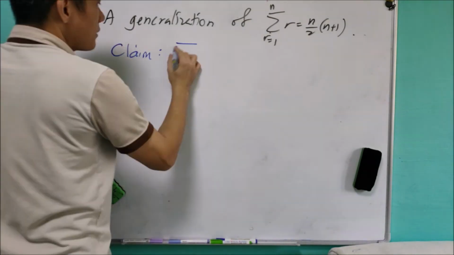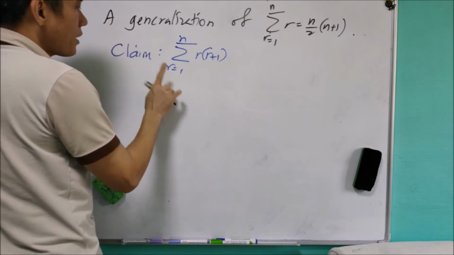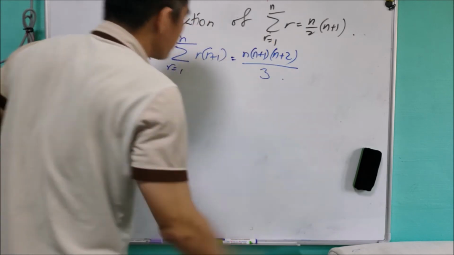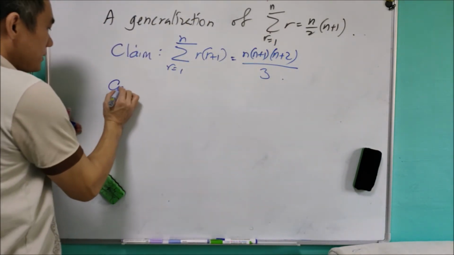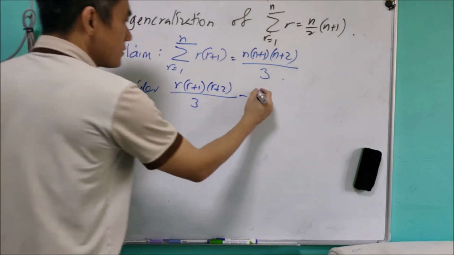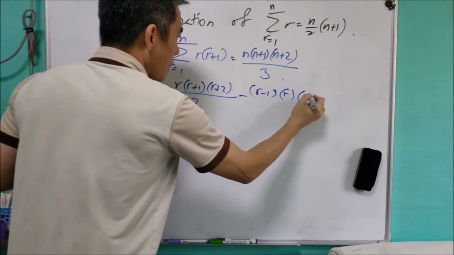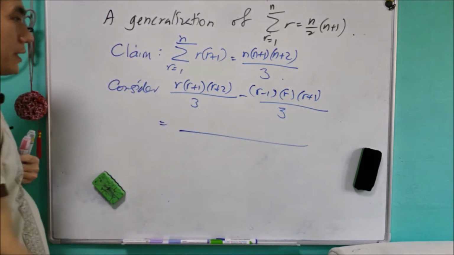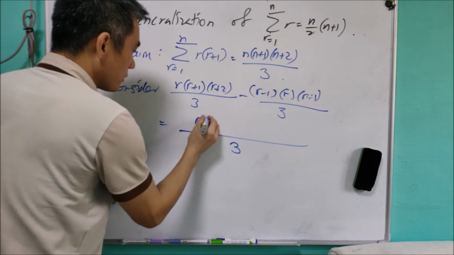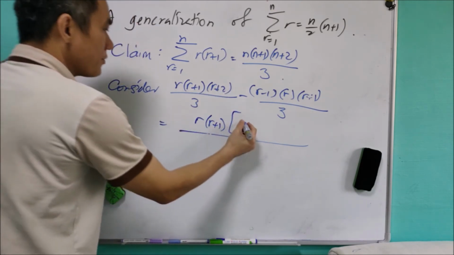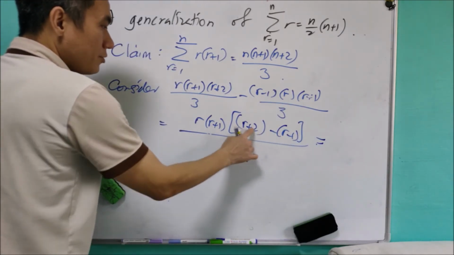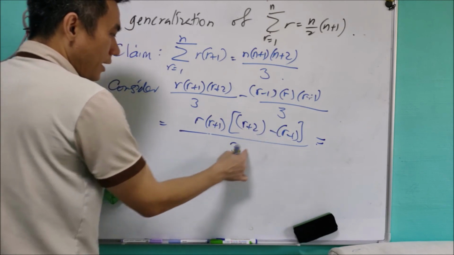So now we claim that the summation of r plus 1 from r equals 1 to n is equal to n plus 1, n plus 2 over 3. We use a similar argument and we consider r plus 1, r plus 2 over 3 minus r minus 1, r plus 1 over 3. We can see that they have the common term r plus 1 over 3, and we are left with r plus 2 and r minus 1. r minus r cancel off, 2 minus negative 1 will be equal to 3, and you cancel with this 3.